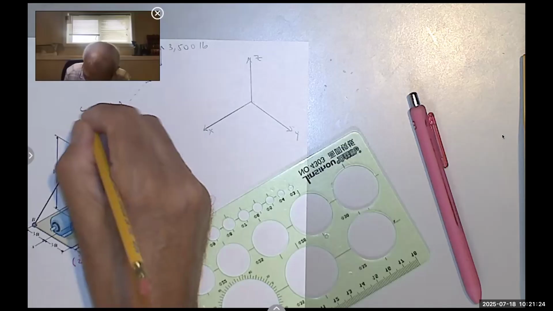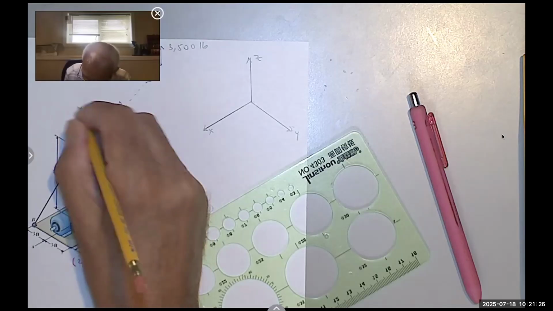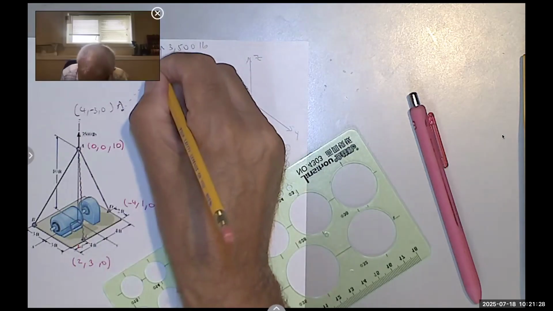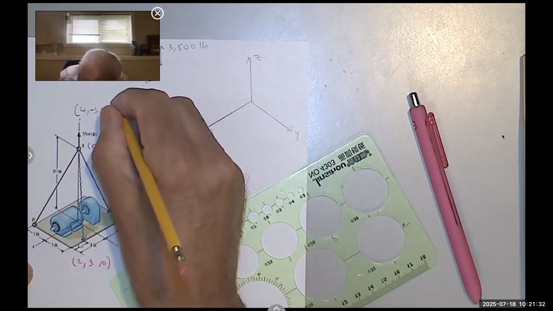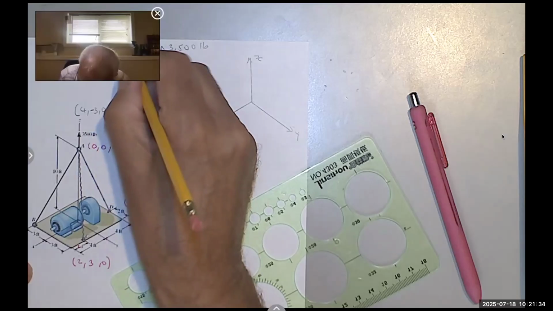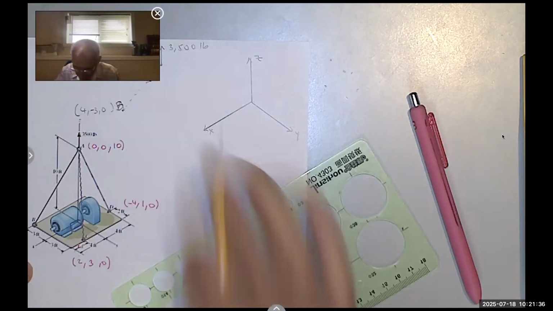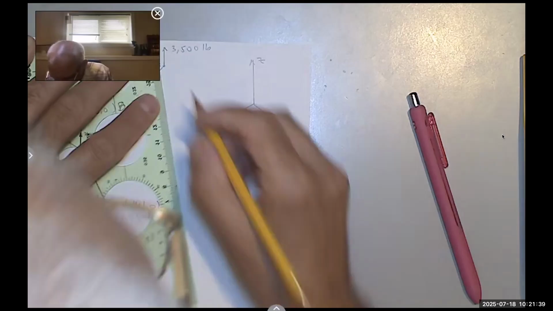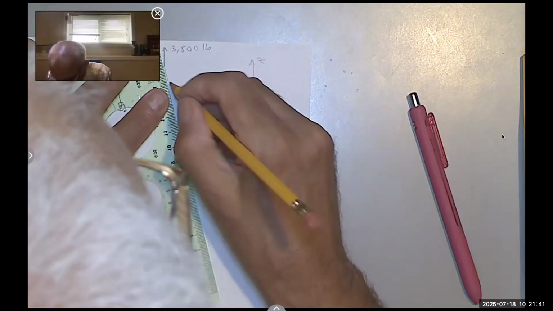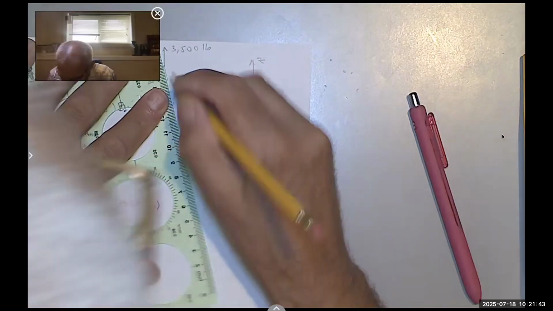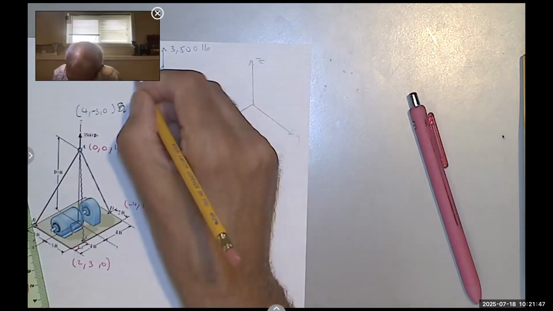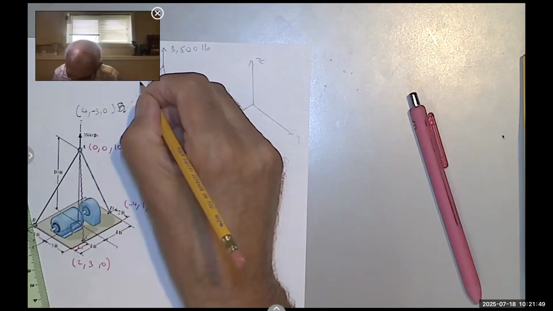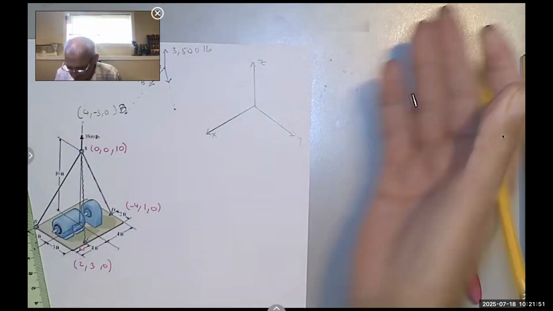So 4, negative 3, and 0, this is B, and A is 0, 0, 10. And then we have a cable going to C. Notice we are not drawing it to scale. We are just saying there is a cable here. So let's call it TB instead of TAB.